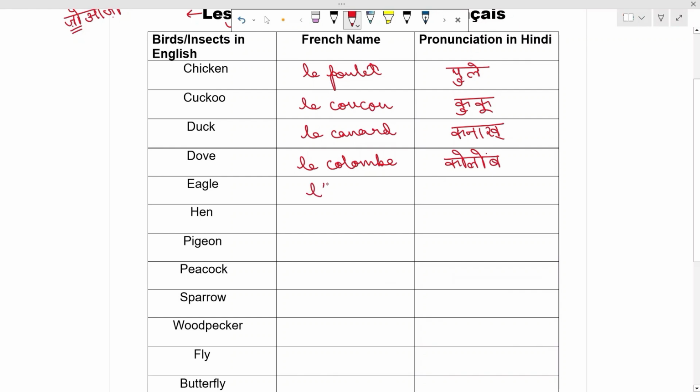Eagle is l'aigle. If we had not used the definite article over here, the pronunciation would have been aigle. We have done the definite and indefinite articles. I'm sharing the link over here.